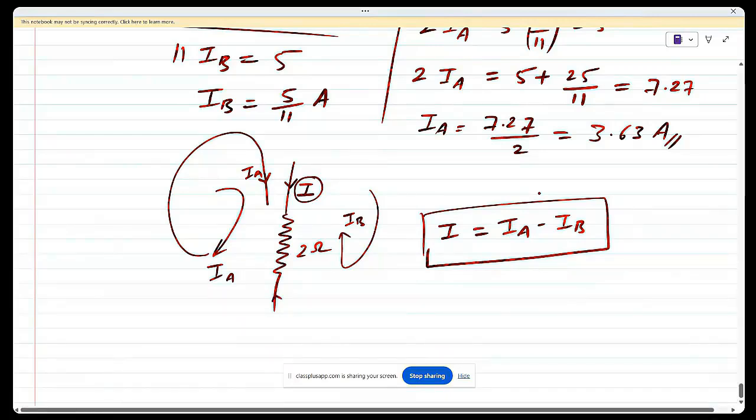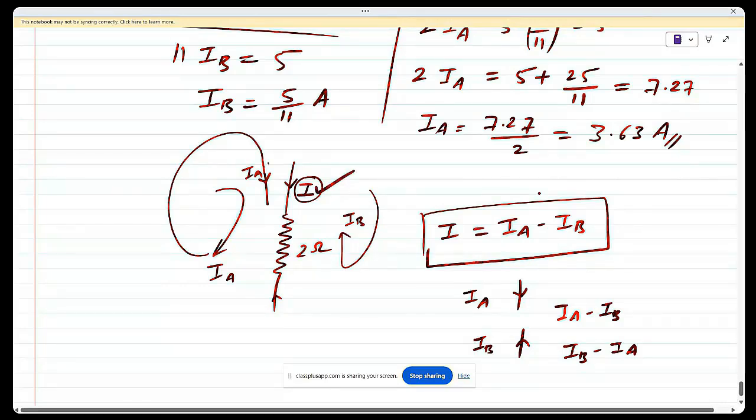So the resultant current will be IA minus IB. You can ask, sir, why not IB minus IA? Because what was asked is the direction of I, and the direction of I is the same as IA, so IA will dominate here. If we had assumed the direction of I the other way, our answer would be IB minus IA. But here the direction of I and IA are the same, so it is IA minus IB.